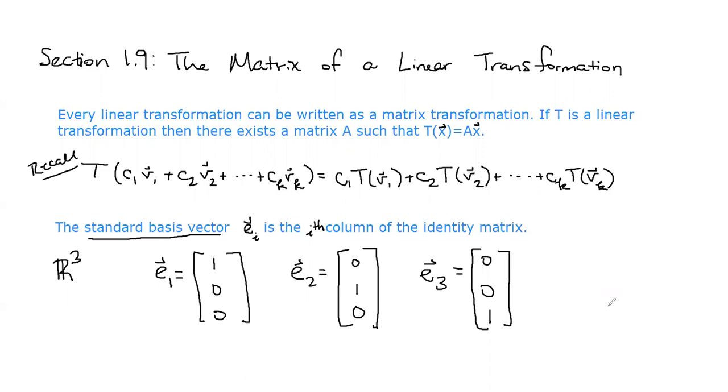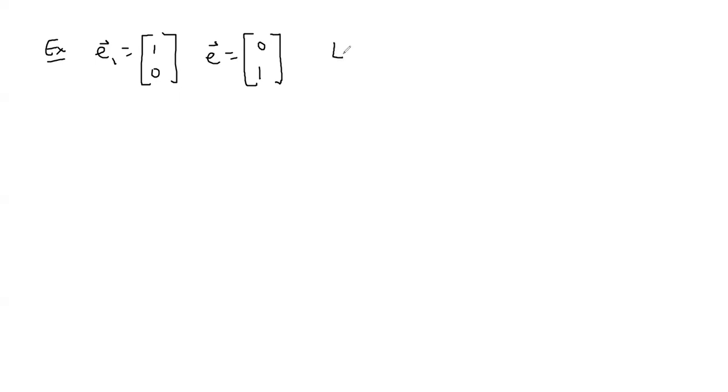All right. Let's take a look at how this works in an example first. Let's say we're going to live in two dimensions. So we'll have e1 equaling (1, 0), and e2 equaling (0, 1). And let's say we have a transformation and we don't know what it does to every vector, but let's suppose that we know what it does to our two basis vectors.